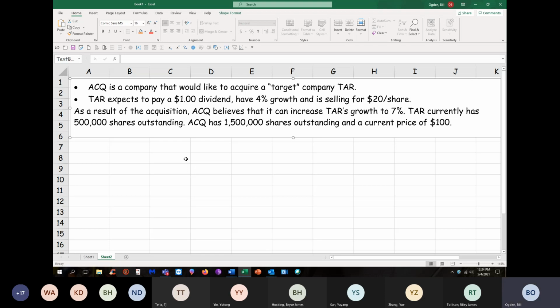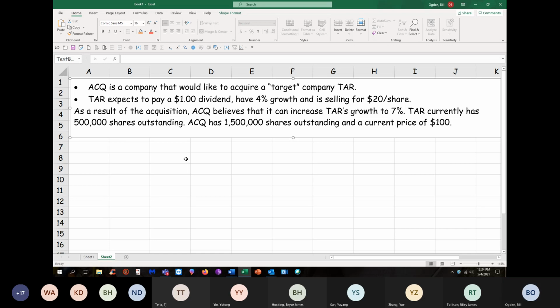So ACQ is attempting to acquire TAR. Okay, and what do we know about TAR? They expect to pay a $1 dividend. They have a 4% growth rate, and TAR is currently selling at $20 per share.